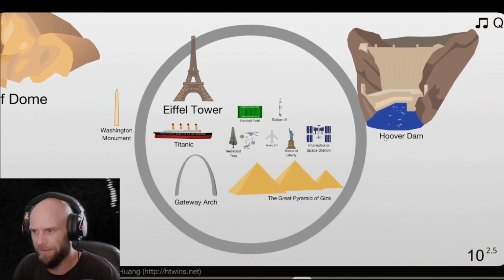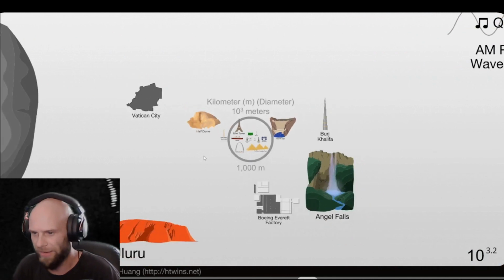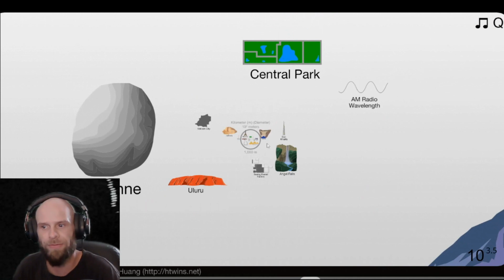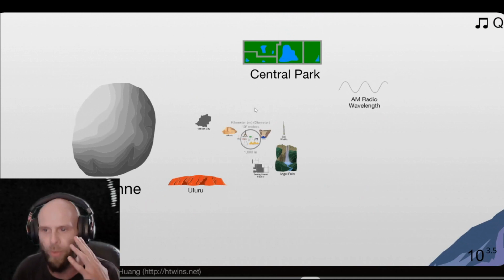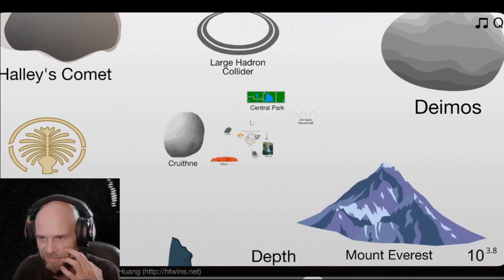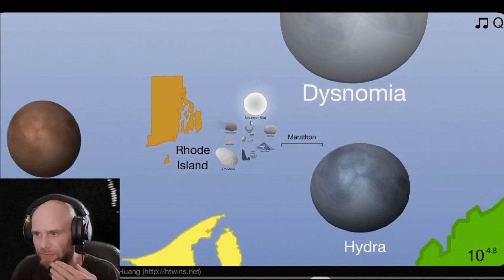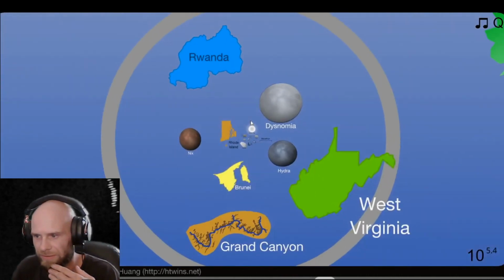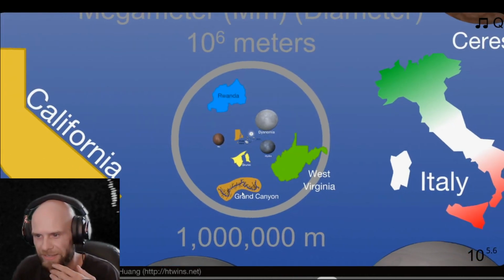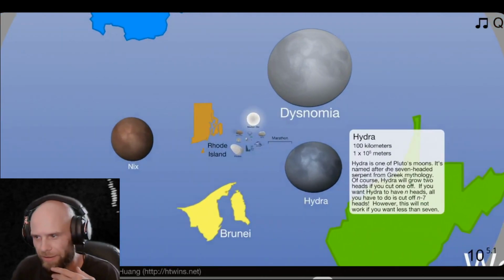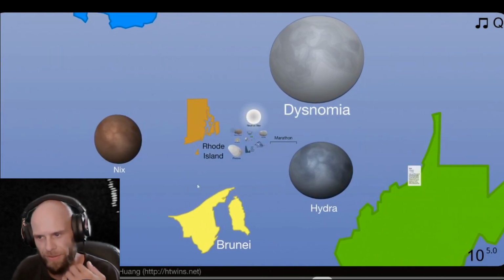The Great Pyramid of Giza. Here's a Hoover Dam. Okay, let's just keep scrolling. Look how big frickin' Central Park is compared to everything we just saw, and we just kept zooming out. That's ridiculous. Neutron star. Grand Canyon. Grand Canyon is bigger than some of the moons.